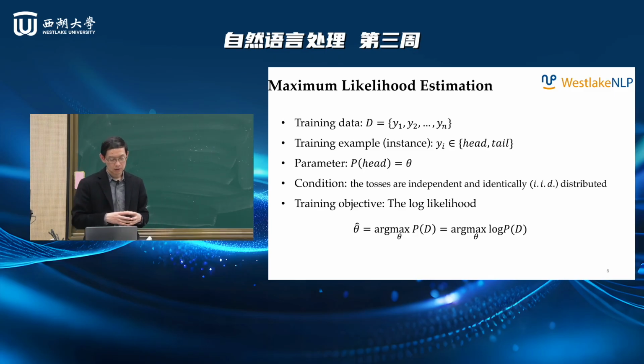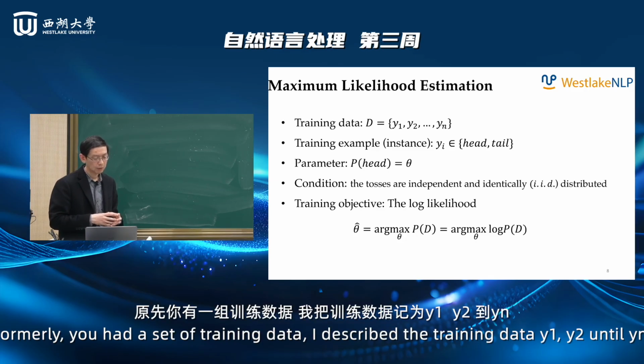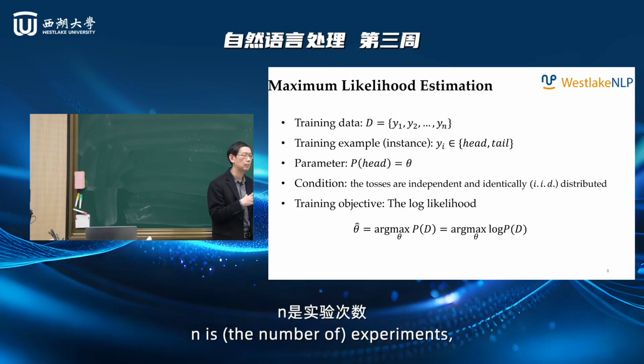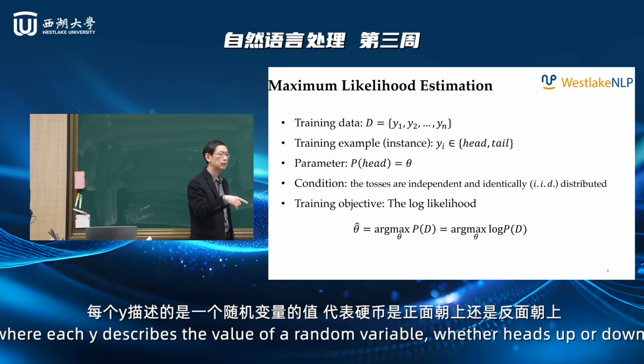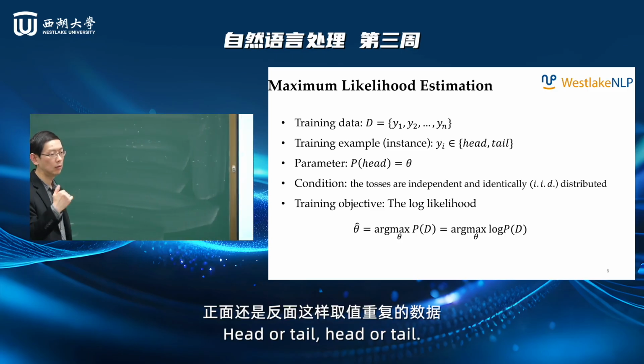Okay, so what is maximum likelihood estimation? Formally, you have a set of training data. I describe the training data as y1, y2 until yn, the n experiments, where each y describes the value of a random variable, whether heads up or down, head or tail, head or tail.